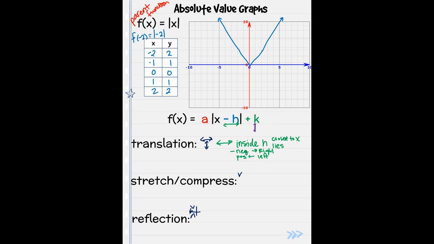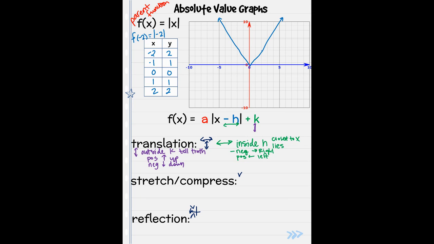Up or down is outside. This one tells the truth. So if it is positive, you're going up, and if it is negative, you're going down.